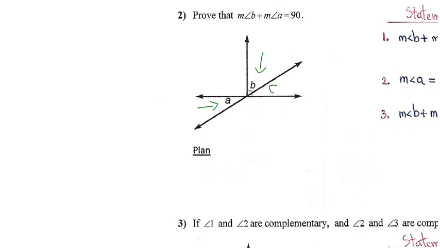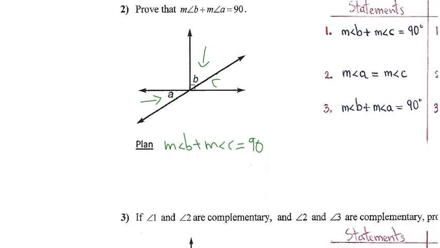So let's write that. We have that the measure of angle B plus the measure of angle C is equal to 90 degrees. And we know that because they are forming a right angle, and so that makes these two angles complementary. So that will be our reason: complementary angles.